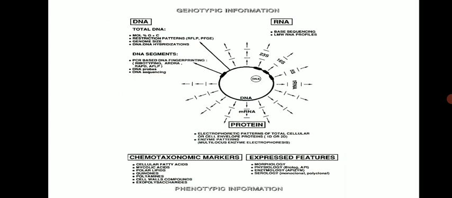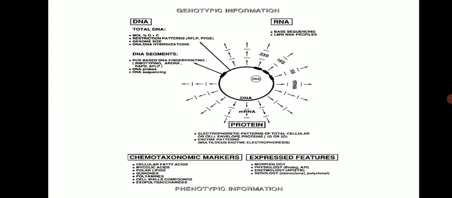Similarly, in the case of RNA based methods, the most important technique is 16S rRNA sequencing, used in phylogenetic analysis, as well as low molecular weight RNA profiles, which are used in identification of microbes.